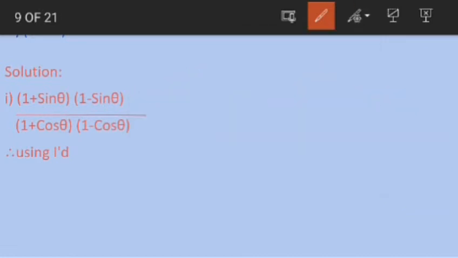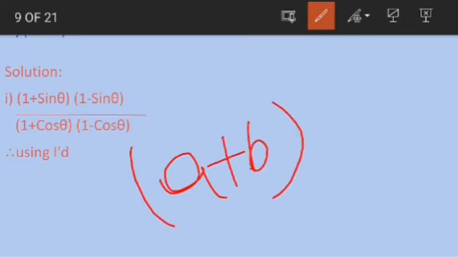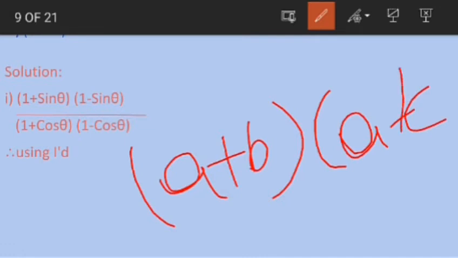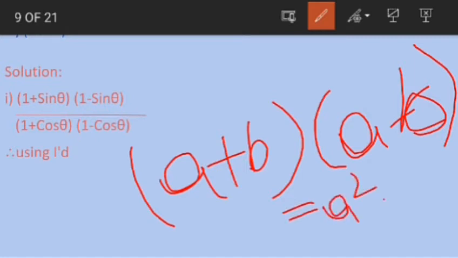We know that (a plus b)(a minus b) equals a square minus b square. Okay class, this is the identity that we have used in previous classes also, that (a plus b)(a minus b) is equal to a square minus b square.